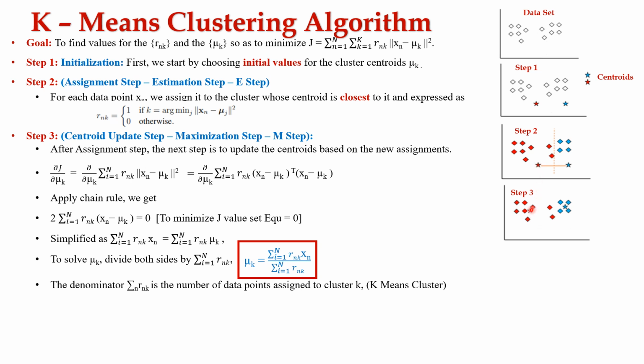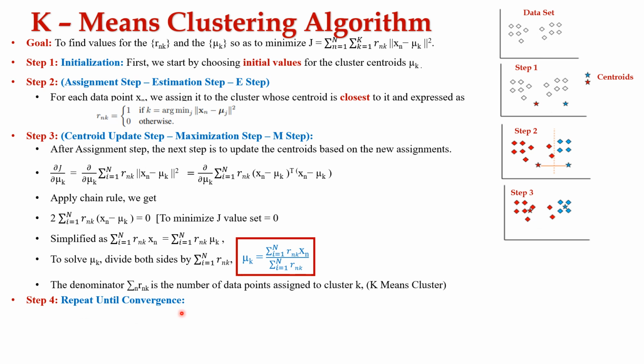Similarly, based on the previous assignments of the data points in cluster 2, now the cluster 2 centroid is being updated. That is, the blue color star, earlier it was here, now it is being updated here. You can notice it clearly in this diagram. So this step is called the centroid update step.